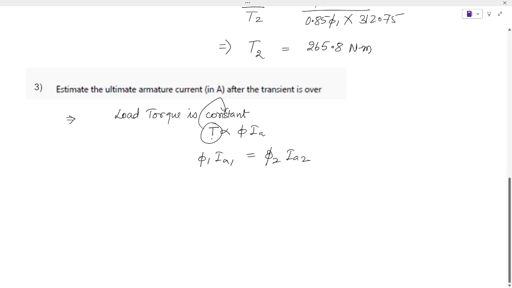Yes or no? Yes, sir. Phi 1, Ia1 is known to you, that is 15. Phi 2 is 0.85 times phi 1, into Ia2. This you have to find out. Please find out the value of Ia2. 17.647. Fine.